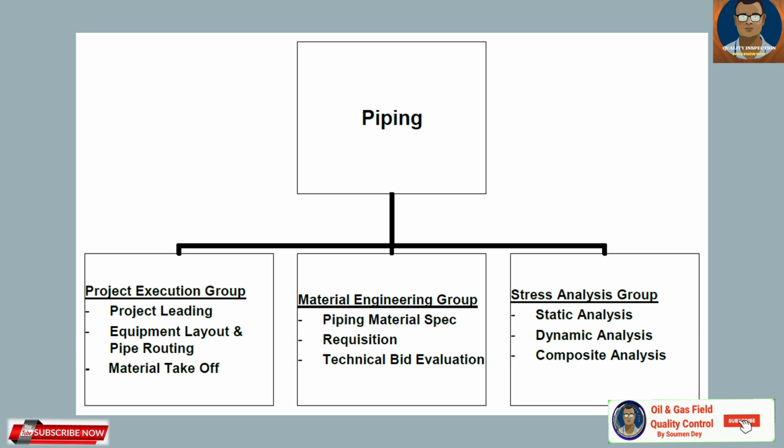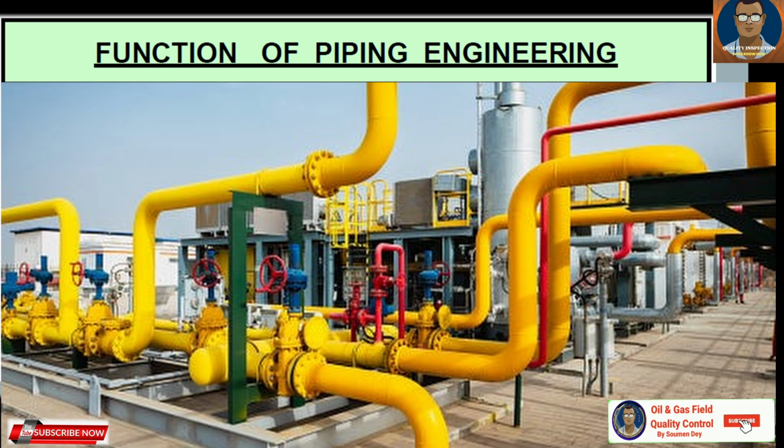Function of piping engineering: you can say the function of piping engineering is to apply the knowledge of fluid flow, stress analysis, material properties, and engineering judgment, and convert the process engineer's specification into drawings and data from which materials can be purchased, fabricated and assembled into a piping system which fulfills the requirements of the process.